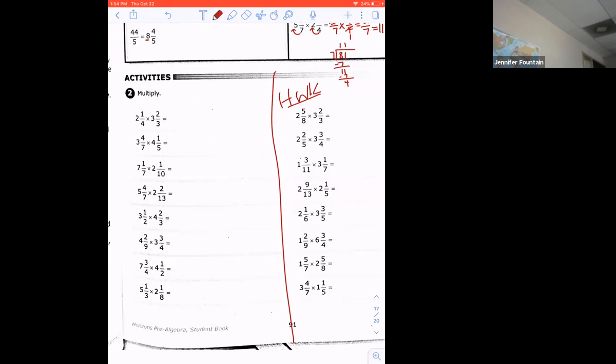Okay, now this is going to be a times sign. Okay, and if I change this one, 3 times 3 is what? Okay, and this is 1 plus 2.